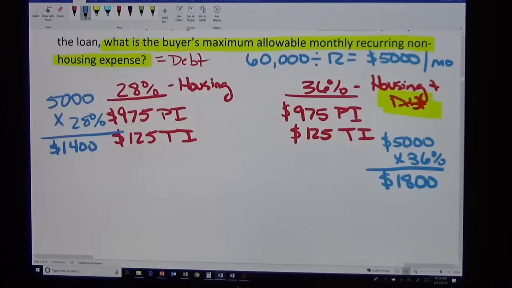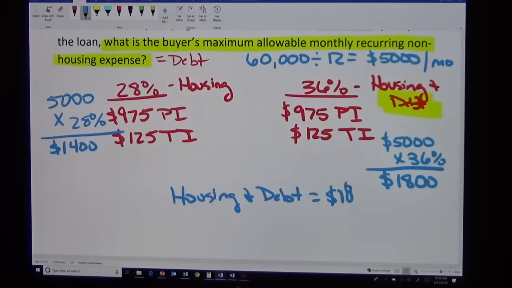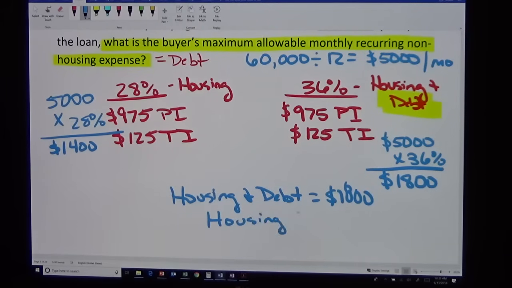Well, if we know housing and debt equals $1,800, and we know that the housing equals these two numbers added together, $975 plus $125 is $1,100 a month. So the housing equals $1,100 of that $1,800.